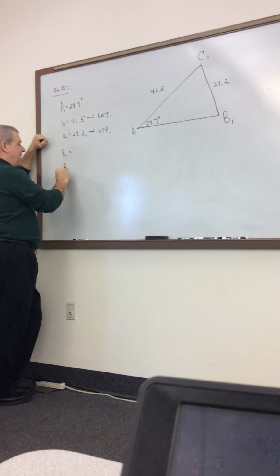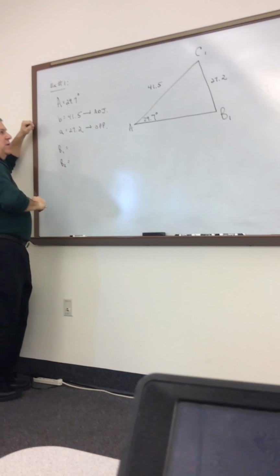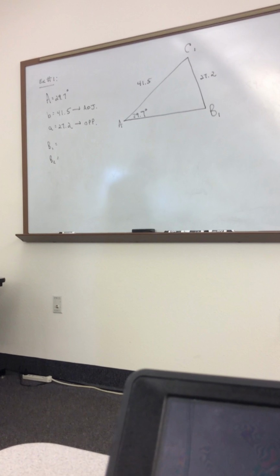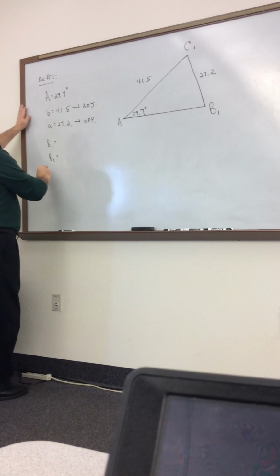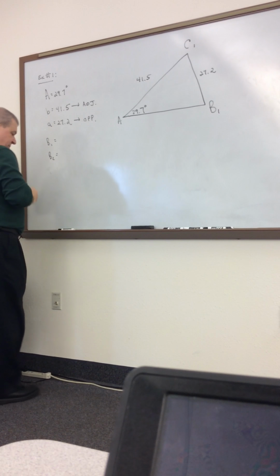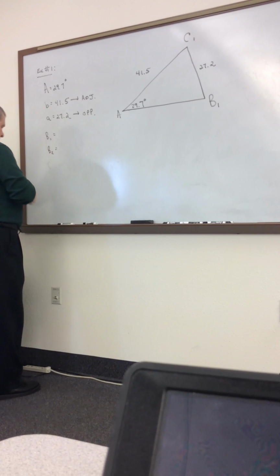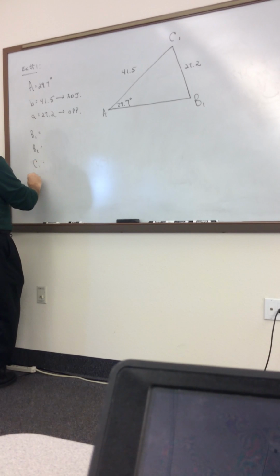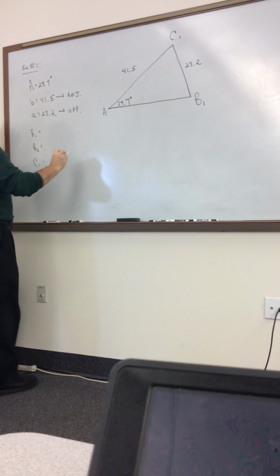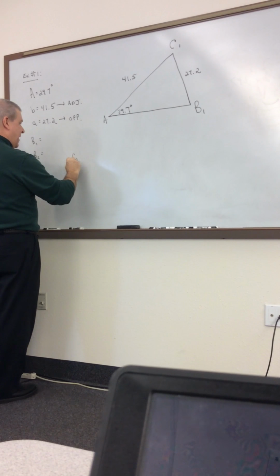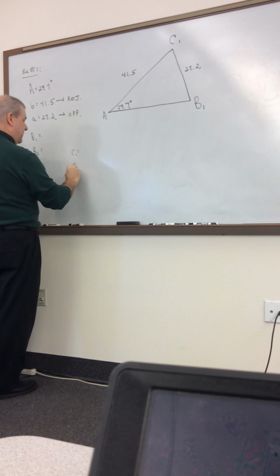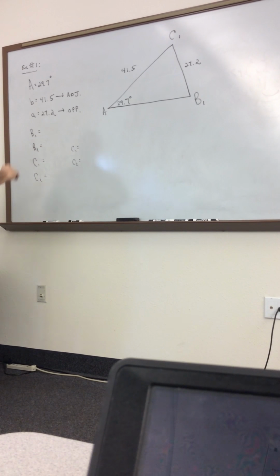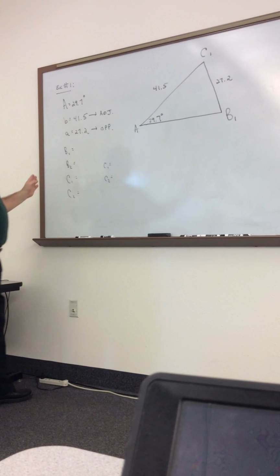You'd have to find capital B sub 2. You have to find capital C sub 1, capital C sub 2. And you would have to find side c sub 1 and side c sub 2. And all that would be written on the test, with all the blanks there for you to fill in.